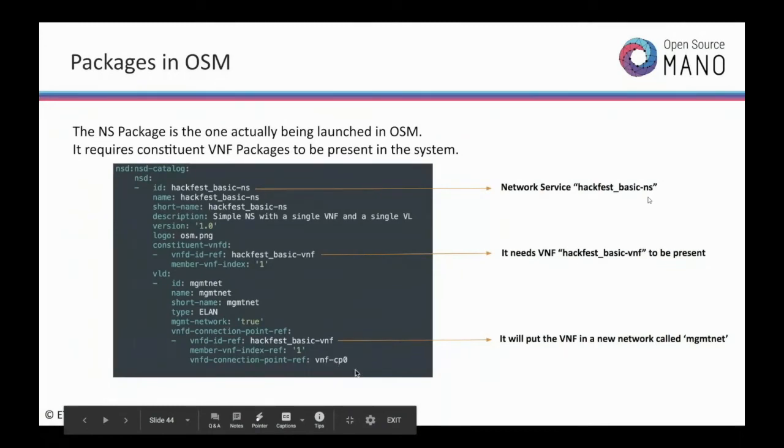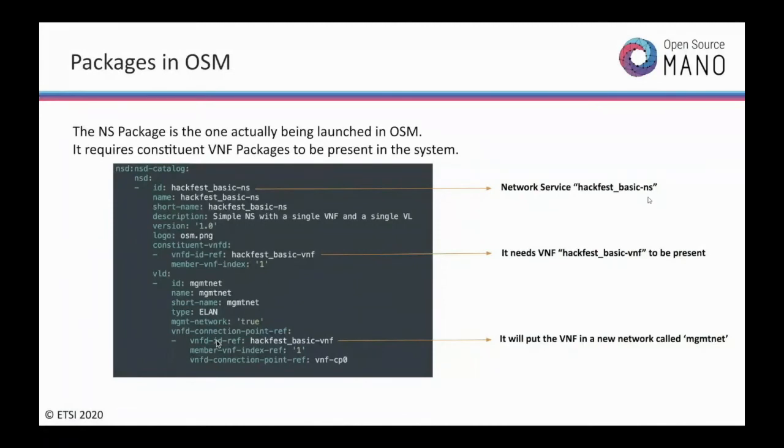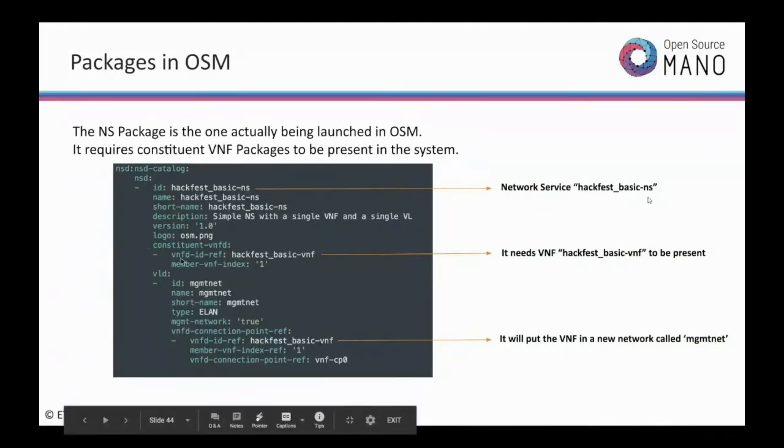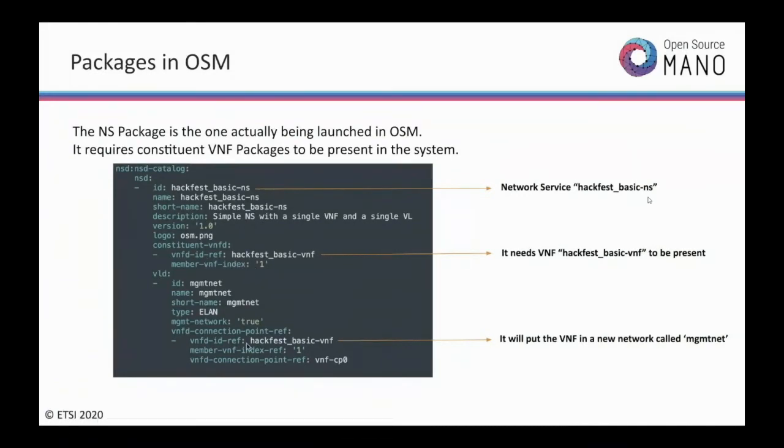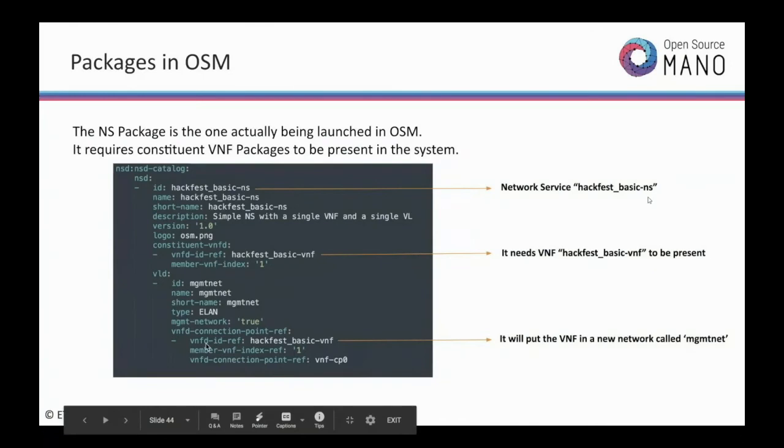So these 2 elements must be present in the VNF descriptor for it to work. If we want to connect another VNF to this same network service, we would put a second constituent VNF, and we would put a second connection point in the same network, for example.